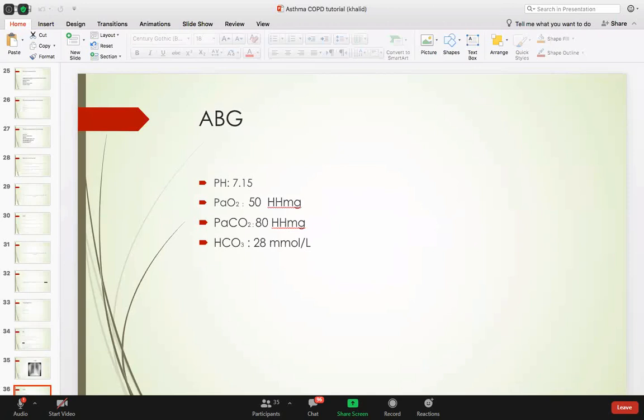Okay, so this is his ABG. How do you guys interpret this ABG? What do you guys see? We just did an ABG last week, so you guys should be mastering ABG interpretation by now. Respiratory acidosis, good. Acute or chronic?